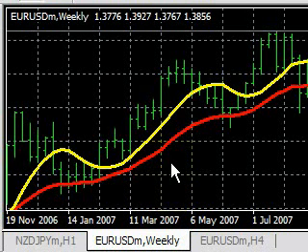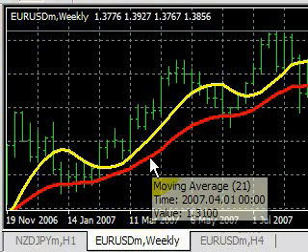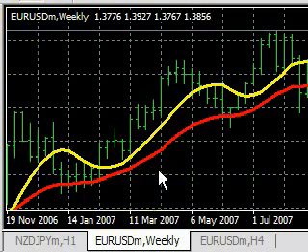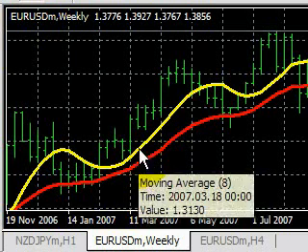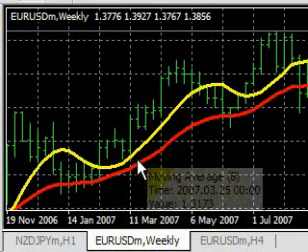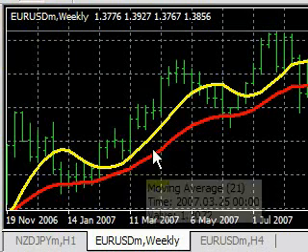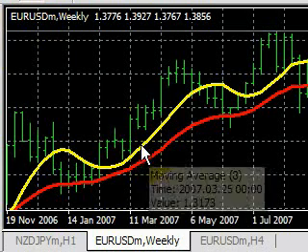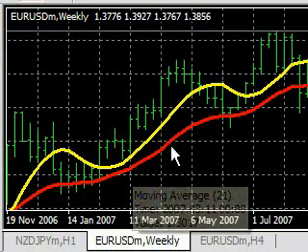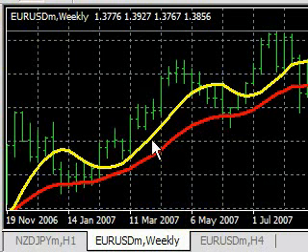Now, what we will use for the trend identification on the Euro USD weekly chart is whether the distance between the two moving averages is increasing, like here, you can see it's clearly increasing. If the slope of the yellow one is higher than the slope of the red one, that's an uptrend, and if it's decreasing, I would call it a downtrend. You can see that in the example here.